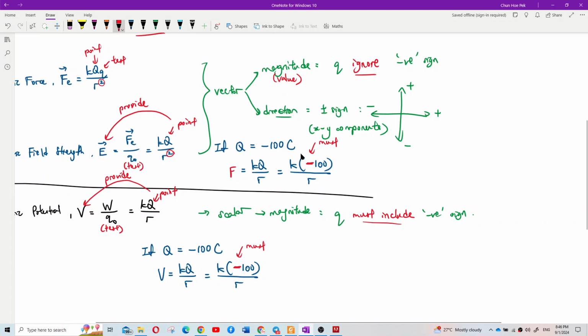The electric field equation is E equals KQ over R squared. This one, we ignore the negative sign. Just put 100 coulomb, class.